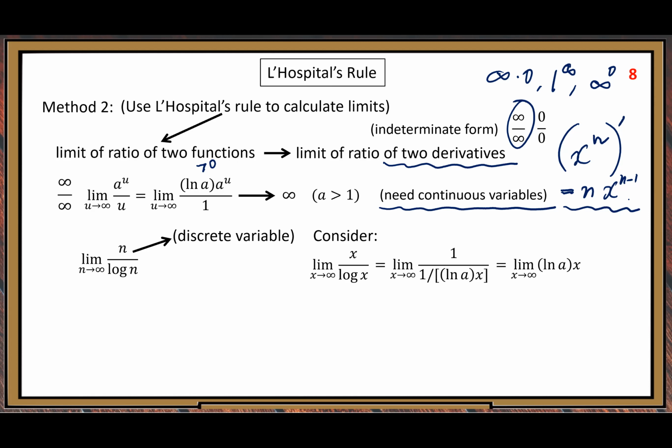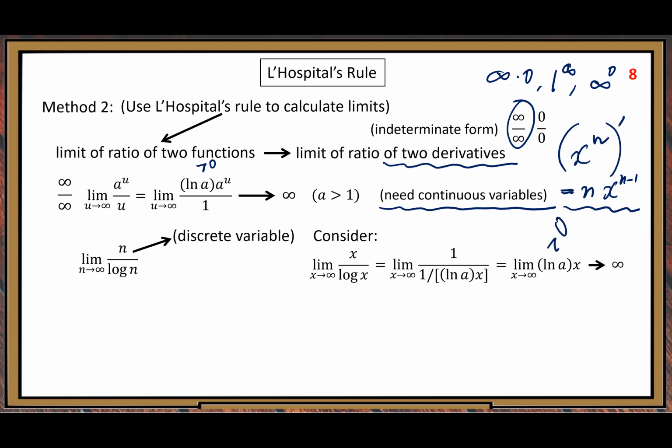Since a is greater than 1, natural log of a is a positive constant. So by applying L'Hopital's rule, we found that this limit, the x version, is infinity.